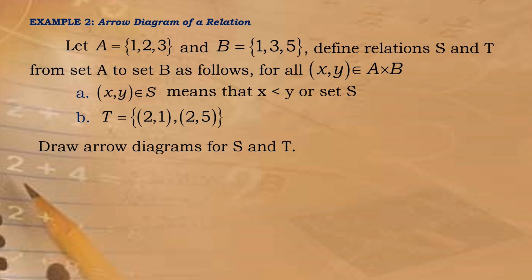Let A, whose elements are 1, 2, and 3, and B, whose elements are 1, 3, and 5, define the relations S and T from set A to set B as follows.